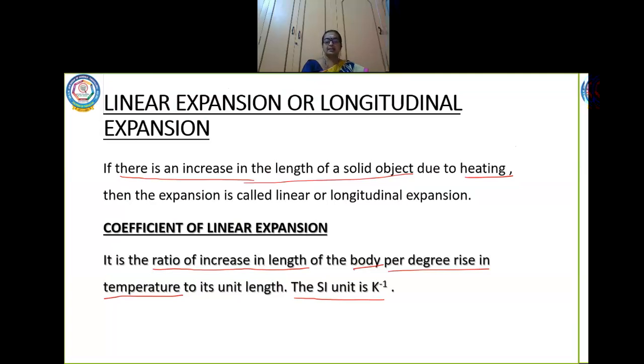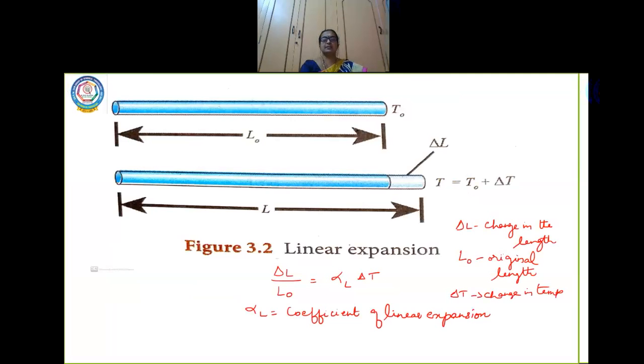The coefficient of linear expansion is the ratio of increase in length of the body per degree rise in temperature to its original length, and its unit is per Kelvin. The formula is del L by L naught equals alpha L into del T, where del L is the change in length, L naught is the original length, and del T is the change in temperature.